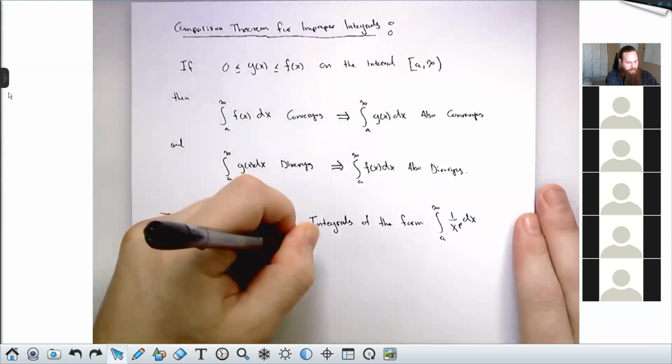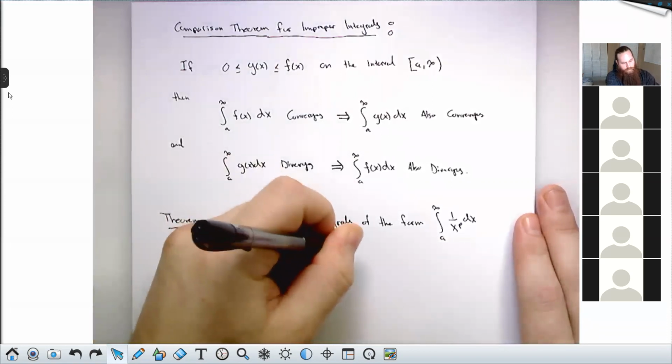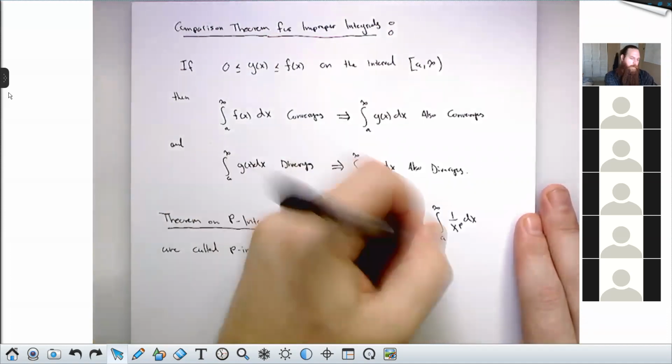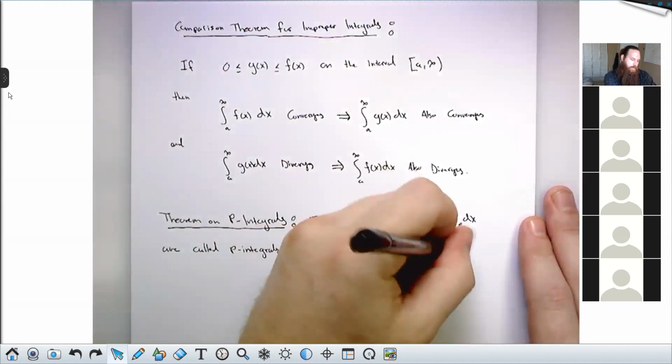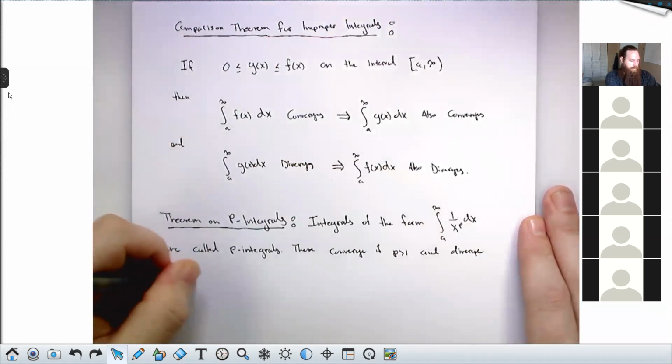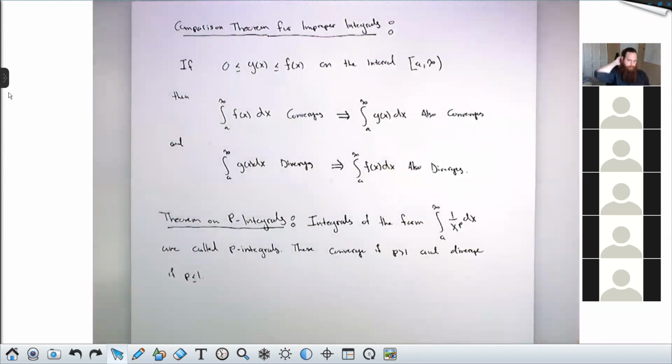These converge if p is bigger than 1 and diverge if p is less than or equal to 1. The two theorems here are useful together because you can use the p integrals as a basis for comparison.